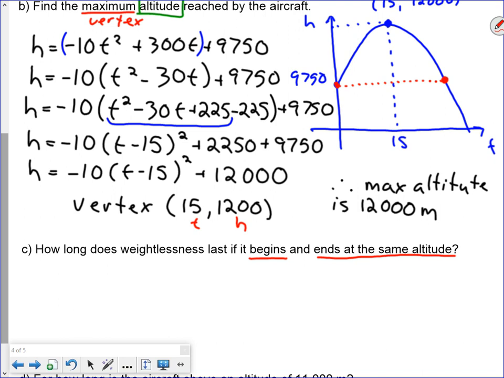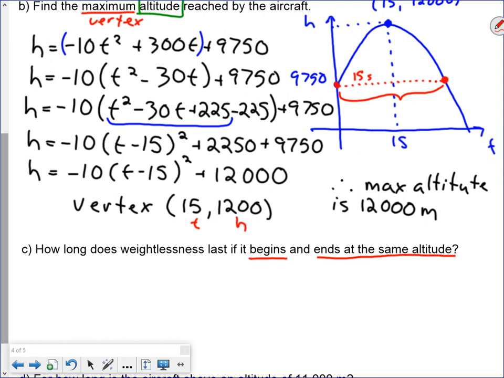What they're asking for is how long does weightlessness last? So they're asking for the time interval between these 2 points here. Well, looking at our graph, we know that from when weightlessness starts to that axis of symmetry is 15 seconds.